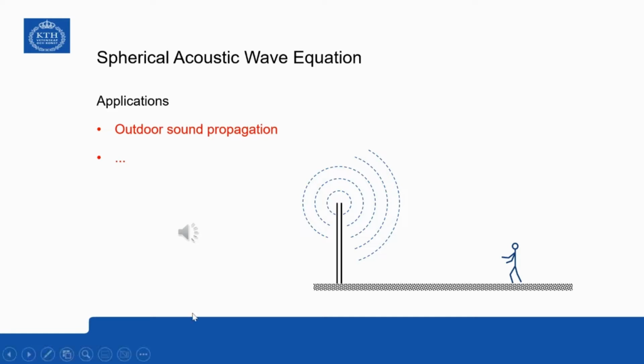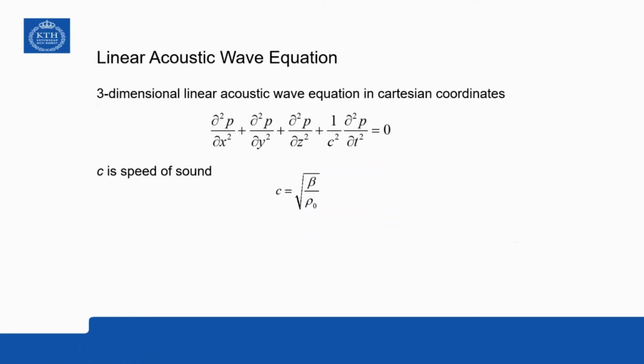If you remember, we have seen this example before, when you have an alarm and want to compare the sound pressure close to the alarm and at some distance. This is a typical application where you can use the three-dimensional linear acoustic wave equation.